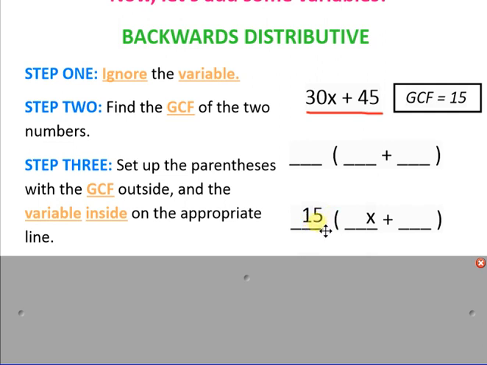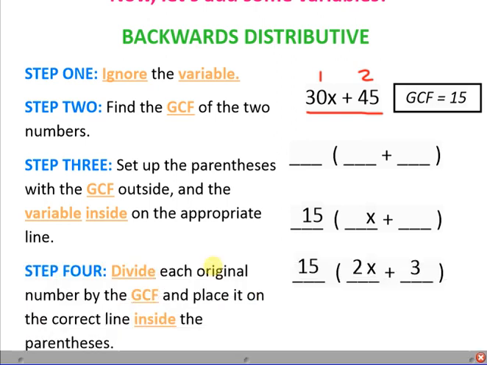Now, here's the only difference. Go back to your original problem and find out what your variable was. It was an x, right? Okay, was it with the first term or was it with the second term? Well, it was with the first term, okay? So we're going to put it at the end of the first line right there. That's all you have to do.